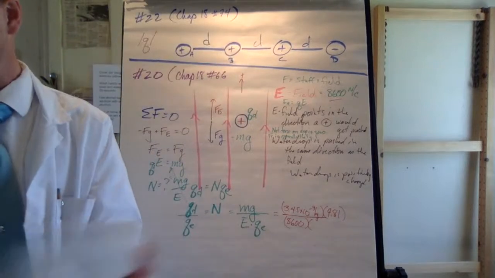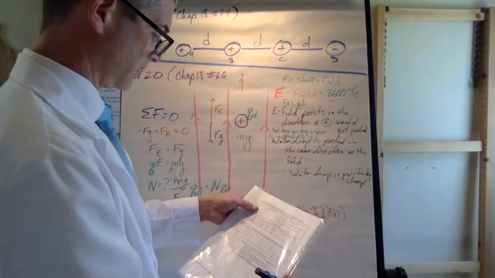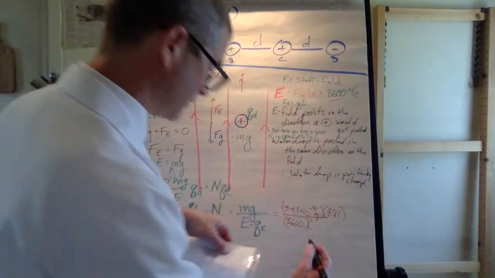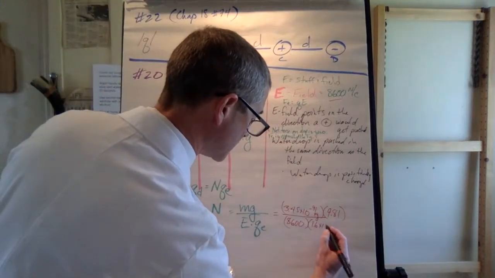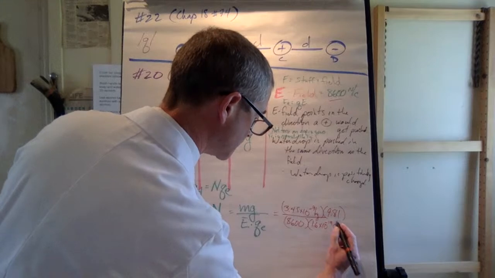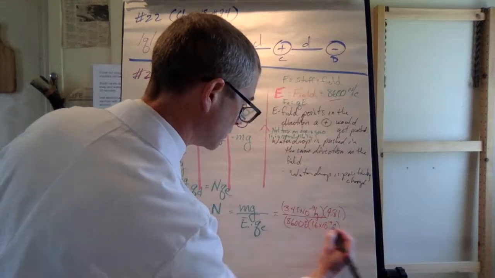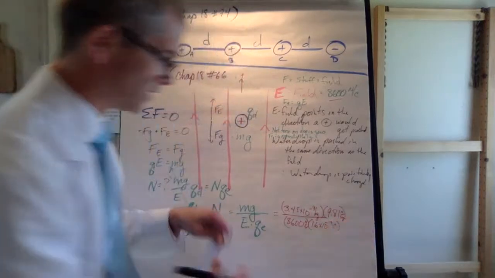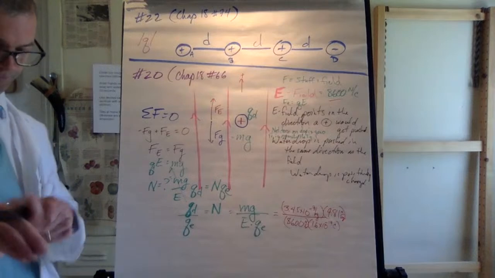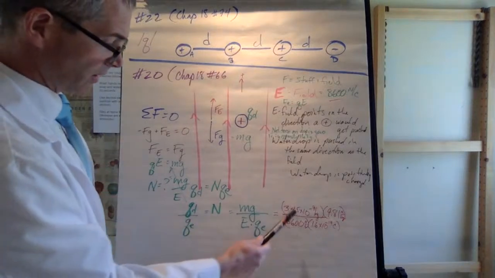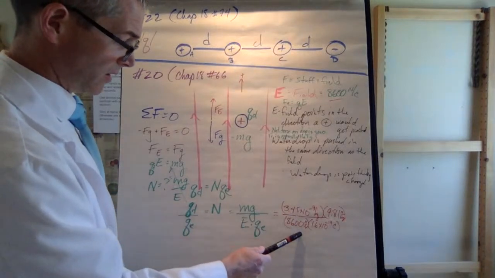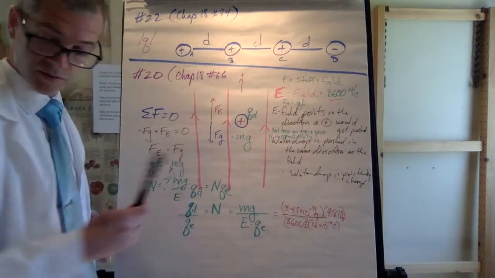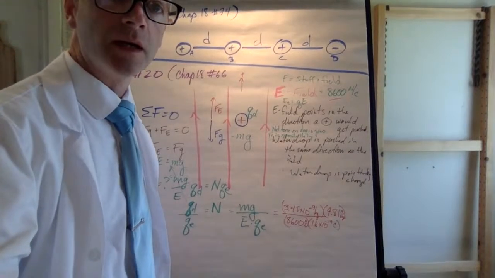I got all excited, I brought my sheet back with me. The charge of the electron is 1.6 times 10 to the minus 19th coulombs. That's newtons per coulomb, and that's newtons per kilogram. I should end up with kilograms canceling out, the newtons canceling out, and the coulombs canceling out, because I just want a number of how many electrons. All right, cool.